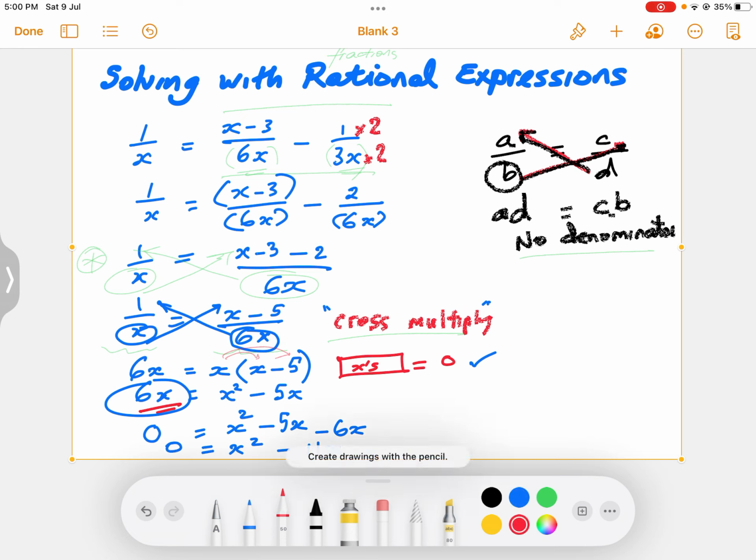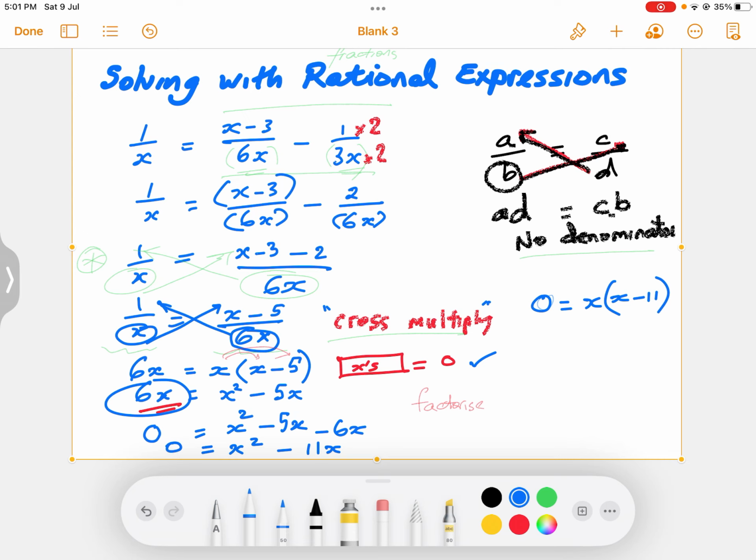What we need to do now is to factorize. Because we've got an x common, so I'll just continue up here. 0 equals x is common, and there's an x minus 11. And here we go.